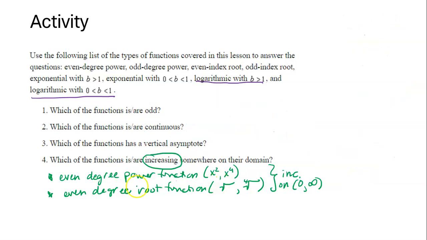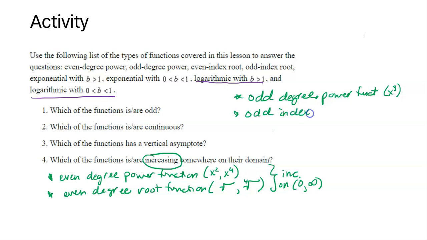Okay, I'm going to erase this and keep writing, so you might want a sheet of paper. Okay, I'm going to come up here because I'm not done with number 4. So I have odd degree power function. So that's like x cubed. I have odd index, I don't know why they don't call it degree, root function. So that's like cube root.